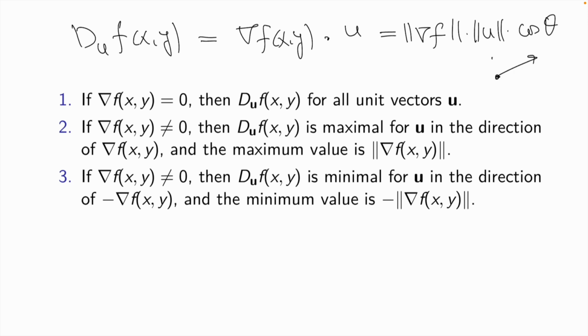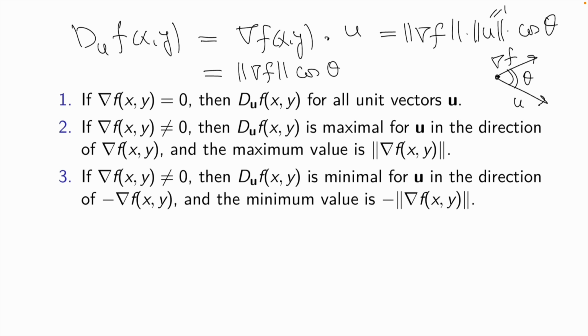If this is the gradient and this is the vector u, this is the angle that they form. But we know that u is a unit vector, so its norm is just 1. So the directional derivative is just the norm of the gradient times the cosine of the angle that they form. This is just a multiplication of numbers, right?